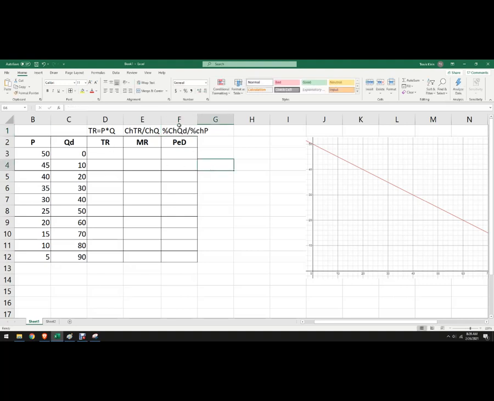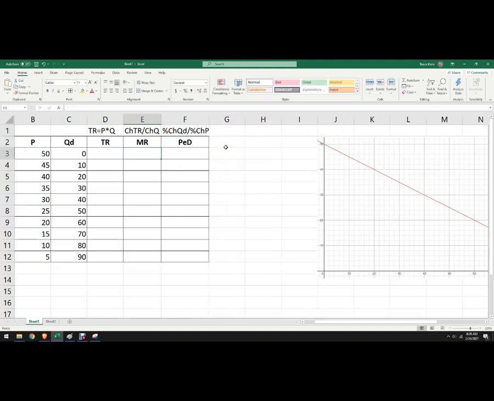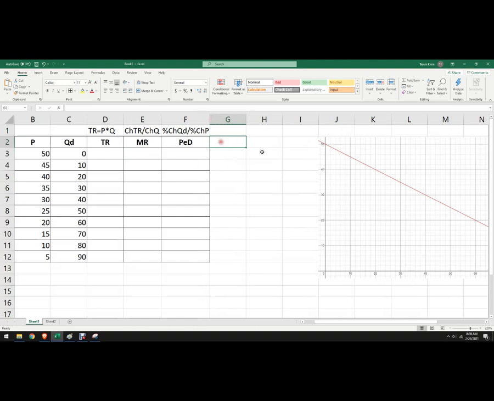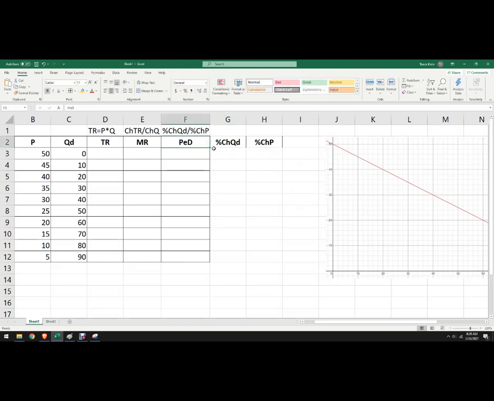Okay, and just to stay consistent there. So an alternative way to calculate price elasticity of demand is calculating the percent change in quantity demanded and then the percent change in price. So you could do that also, instead of writing one longer, more complicated formula.